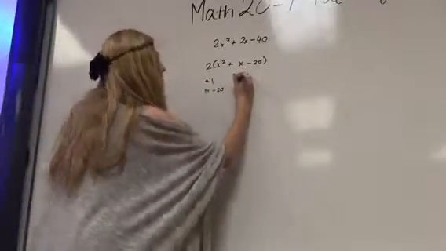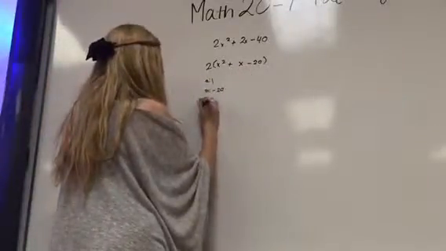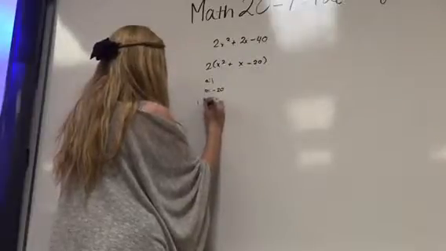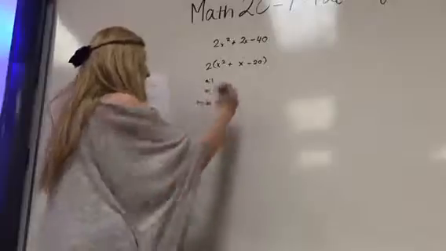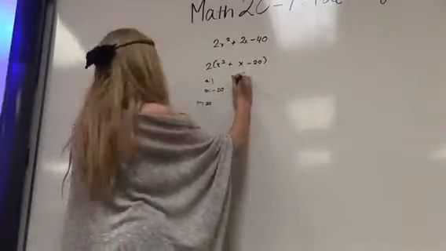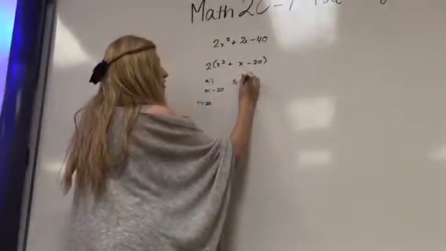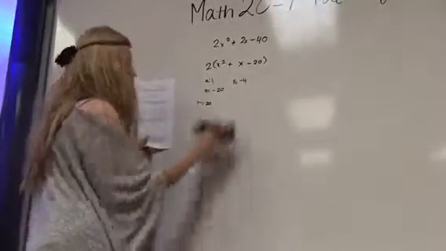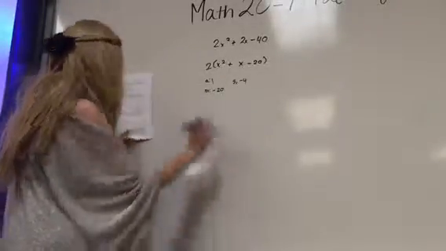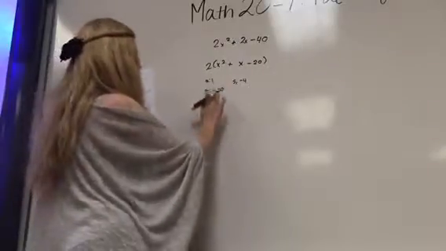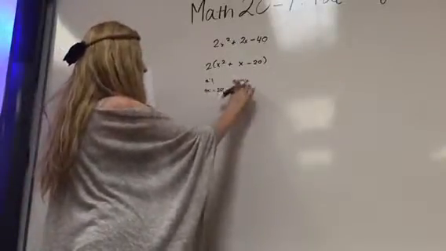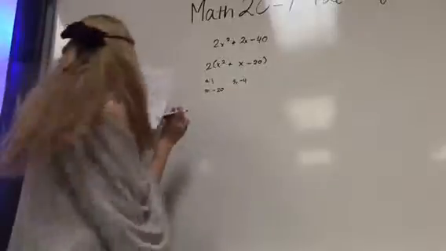You could do a list like 1 and 20, that doesn't work, but the numbers are 5 and negative 4, because 5 minus 4 is 1, and 5 times negative 4 is negative 20.